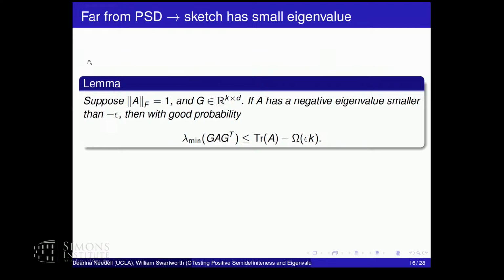So what we can show is that if the original matrix A has a negative eigenvalue smaller than -epsilon, then with good probability, the minimum eigenvalue of GAG transpose is a little bit away from the trace of A. So it's the trace of A minus at least epsilon times K, where K is the number of rows in your Gaussian matrix.